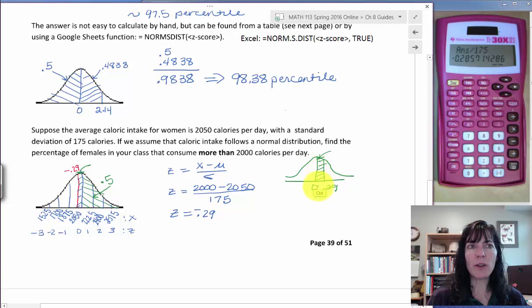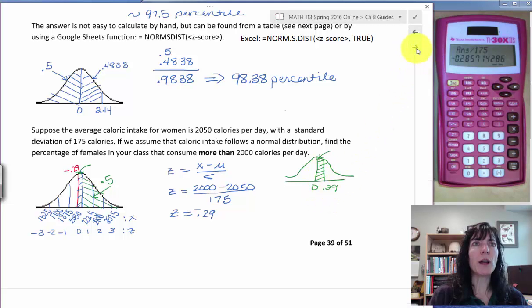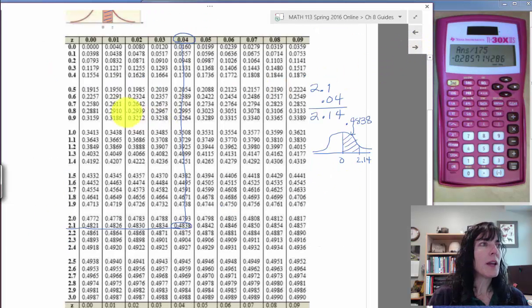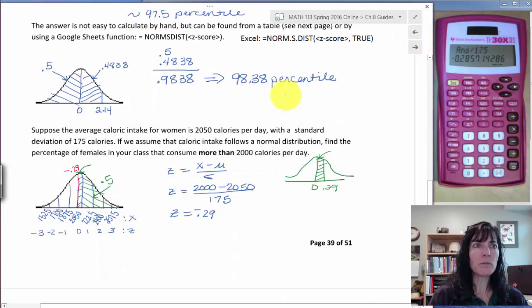So I look this one up using the 0.29, and it's 0.2, so I'm looking here, and then 0.09 right here, and where those two intersect is 0.1141, and that means this area is 0.1141, which also means the area to the left has the same size, 0.1141.